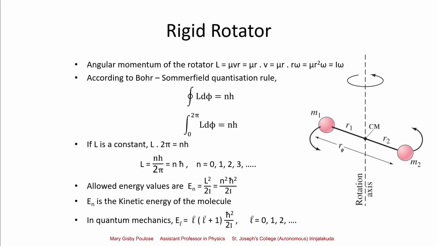But in quantum mechanics, instead of the principal quantum number n, we use the orbital quantum number l. Substituting l into l plus 1 instead of n, we get energy values El is equal to l into l plus 1 h cut square by 2I, where the orbital quantum number l can have values 0, 1, 2, 3, etc.